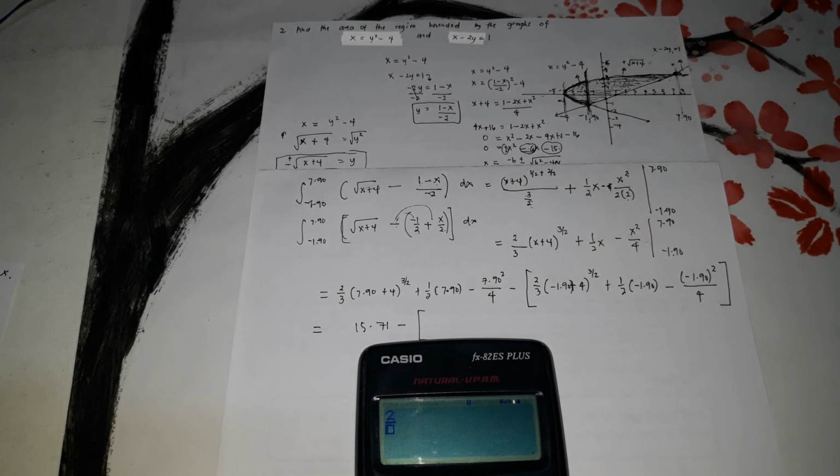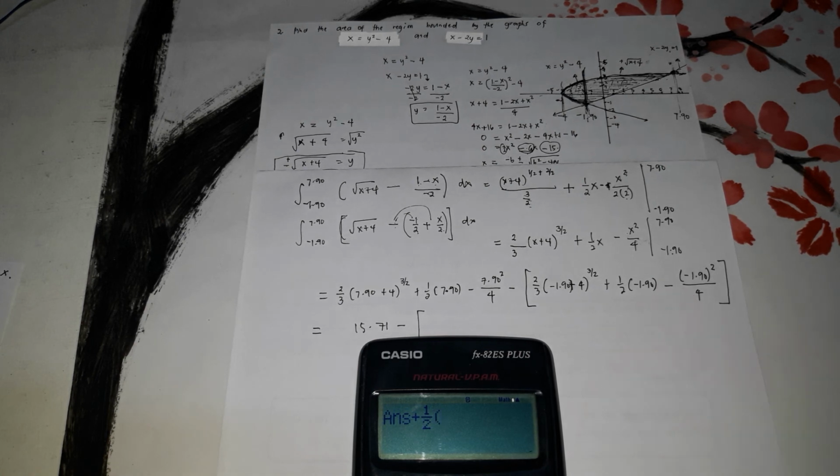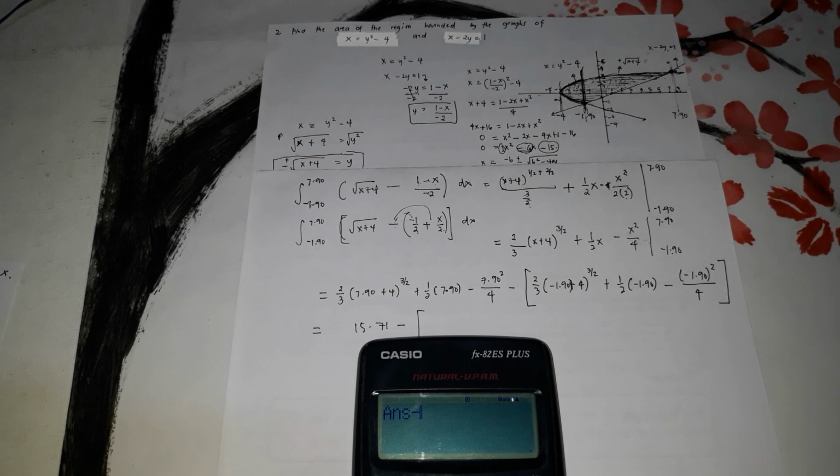2/3 times negative 1.90 plus 4, close, raised to the power of 3 over 2, plus 1/2 times negative 1.90, minus negative 1.90 squared over 4.